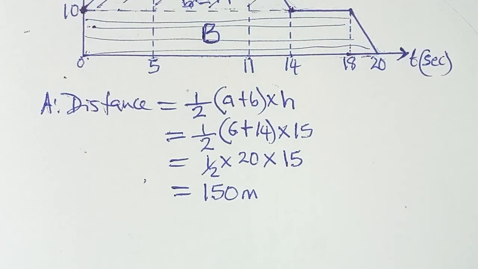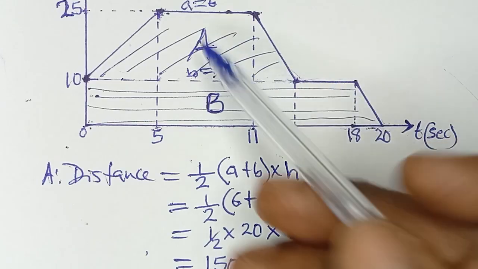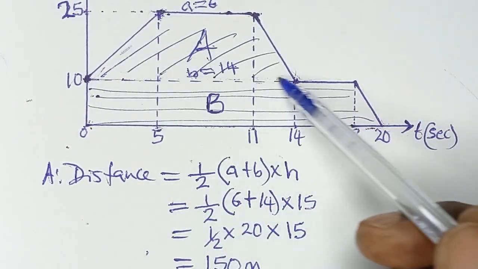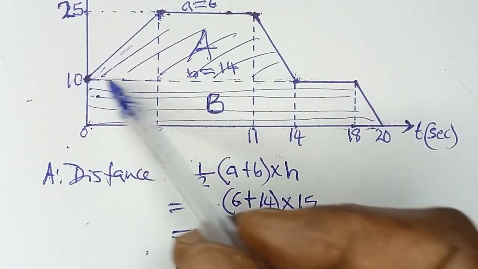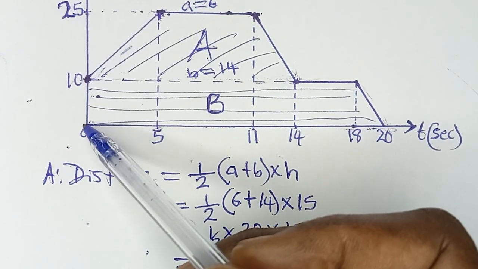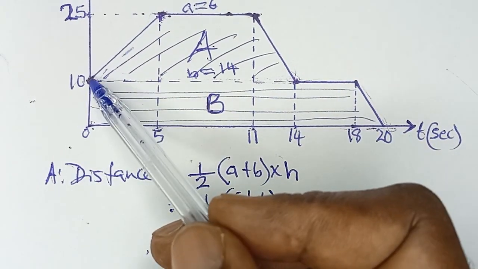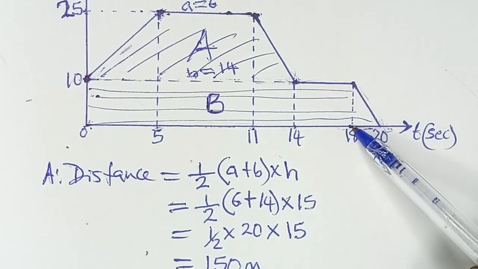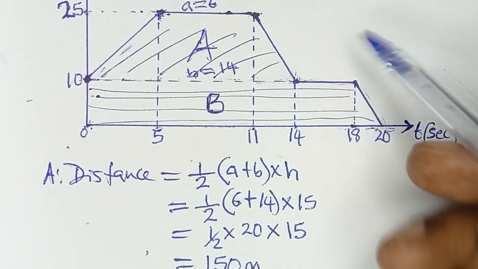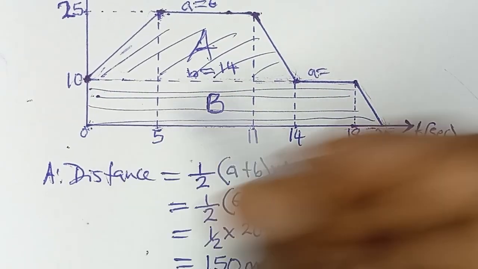So that is for trapezium A now. So we are through with trapezium A. That is the distance of this portion, and that is what gave us 150. Now we are going to trapezium B to find its distance. To find the upper distance, that is from here to here, is simply 18 minus 0. So A for trapezium B will be equal to 18.